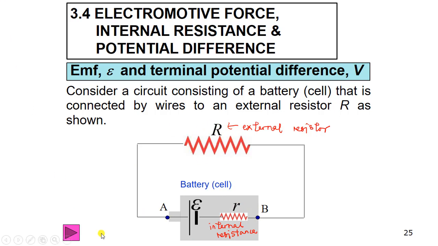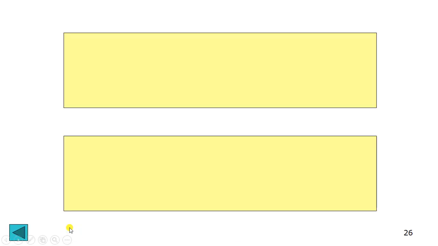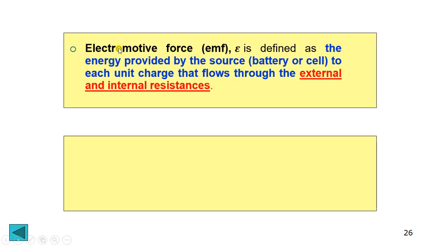So what is meant by EMF? So EMF, electromotive force, is the energy that is provided by the battery or the cell to each unit of charge in order for the charge to move through the external and internal resistance.